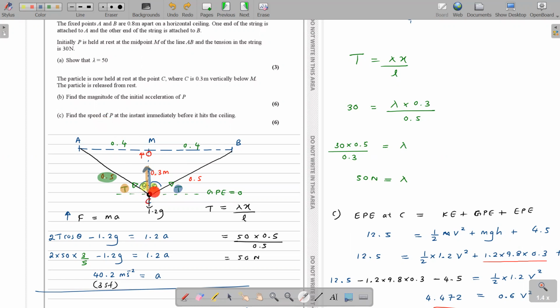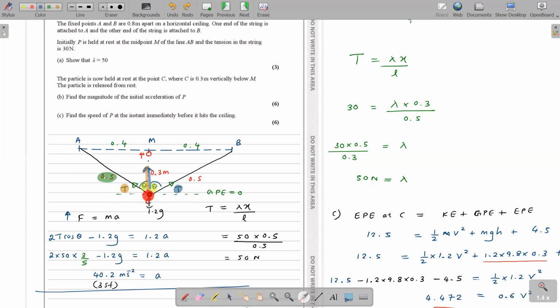Okay, guys, all you need to do here is consider all the energies at point C and at point M. Because energy is conserved, whatever energy you have at C is what you have at M. So what are the energies we have at C? At C, I've considered this lowest level as my GP zero level, which means there's no height here.